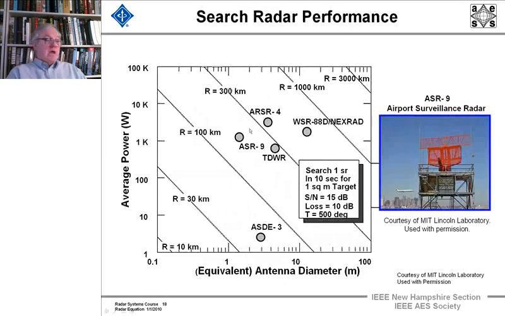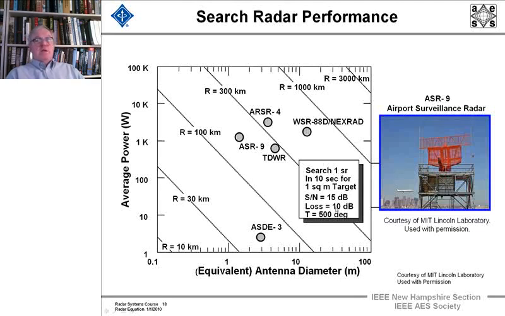Now, in the next few view graphs, I'm going to go over just what the average power is. I plotted on a log-log scale the average power required and the equivalent antenna diameter to search 1 steradian, and that's 1/12 of a sphere. 4 pi steradian is the whole solid angle in a whole sphere, but 1/12 of it in 10 seconds for a 1 square meter target and get 15 dB of signal-to-noise ratio.